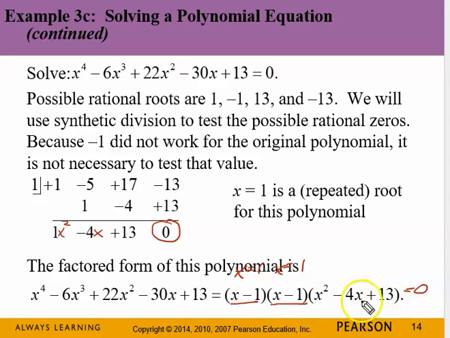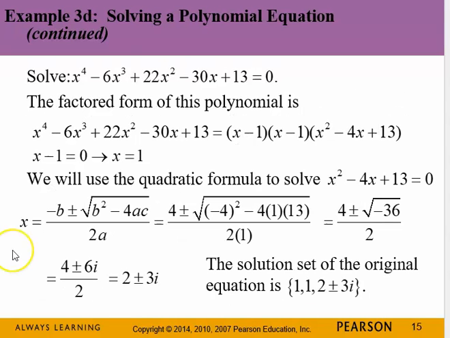So again, how do we solve this? The quadratic formula, exactly. So let's go on to the quadratic formula. Now we have all of this. We're going to solve this. And again, our a value is 1. Our b value is -4.